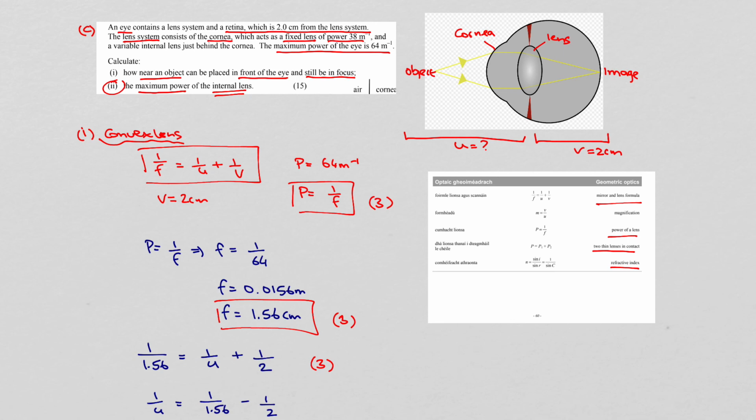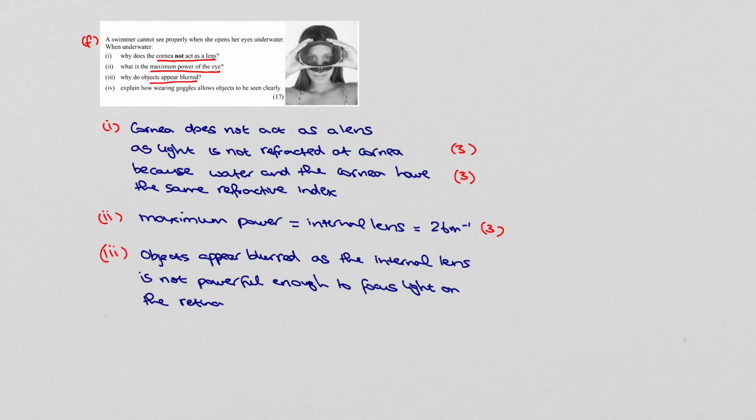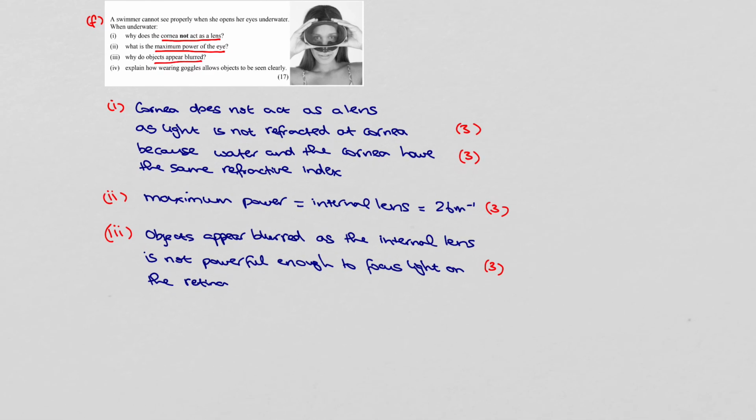But if the cornea is not going to act as part of a lens system, the light is now going to go straight through the cornea and only be refracted by the internal lens, which means the light isn't going to be brought into focus on the retina, but instead somewhere behind the retina. So the lens basically isn't going to be powerful enough to focus the light on the retina. So we were getting 3 marks for stating that the lens is not powerful enough to focus the light on the retina.